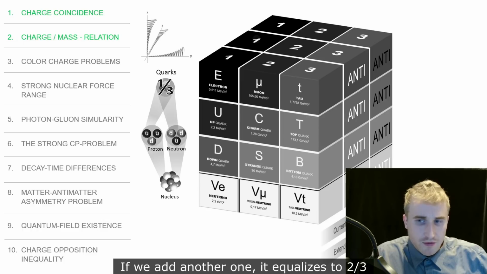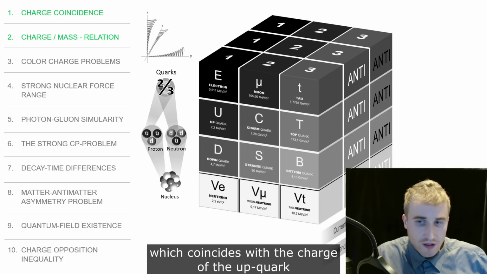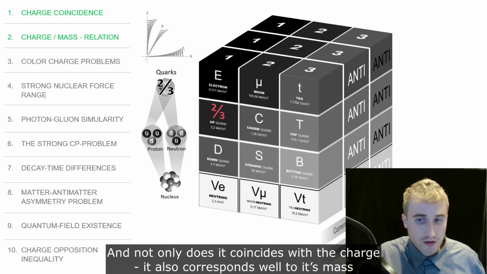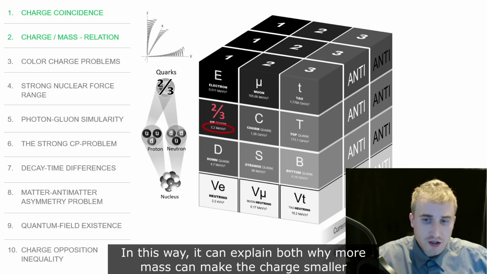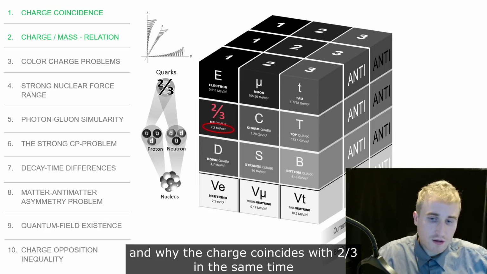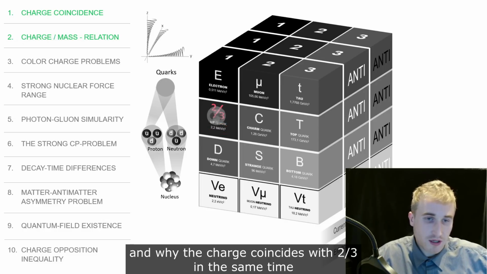If we add another one, it equalizes to 2/3, which coincides with the charge of the up quark. And not only does it coincide with the charge, it also corresponds well to its mass. In this way, it can explain both why more mass can make the charge smaller and why the charge coincides with 2/3 at the same time.